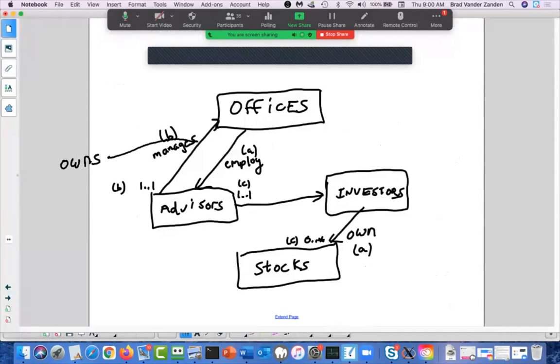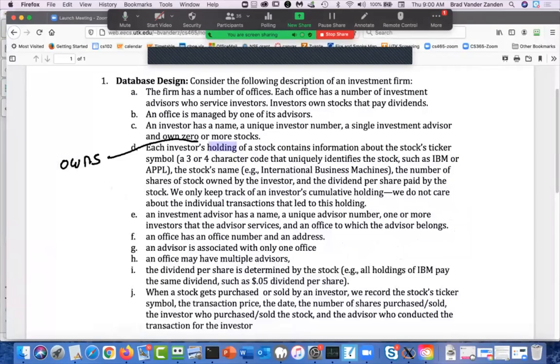But basically, if you did show it, you would have here a dotted line and nothing here because it's a relationship, and you would have things like the number of shares, the stock's name.